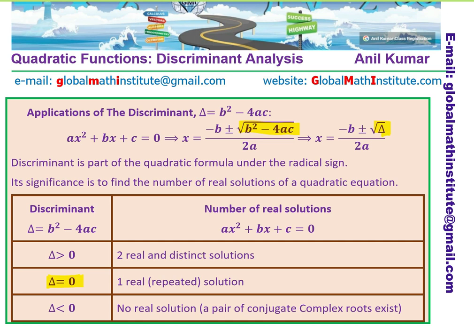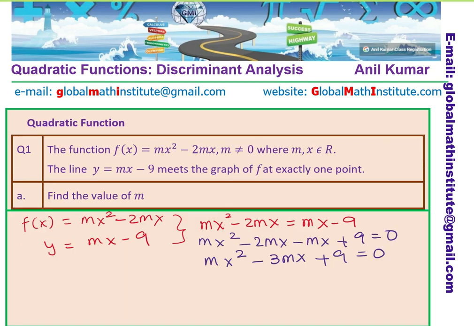If it is equal to 0, then we have only one real solution. That means that the straight line will intersect the parabola only at one point. So we have a parabola like this, and that straight line intersects at one point, kind of like this. So we have a point of tangency. You get the idea. So that is what we need to figure out.